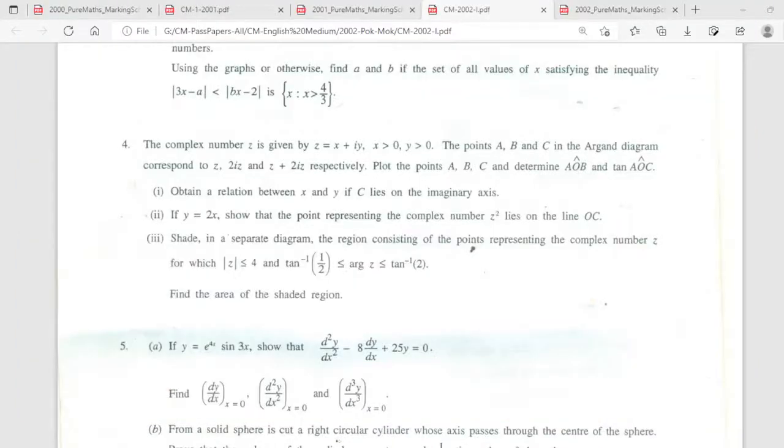So you have an alternative method for the second part also. If y equals 2x, what is the argument of z squared?